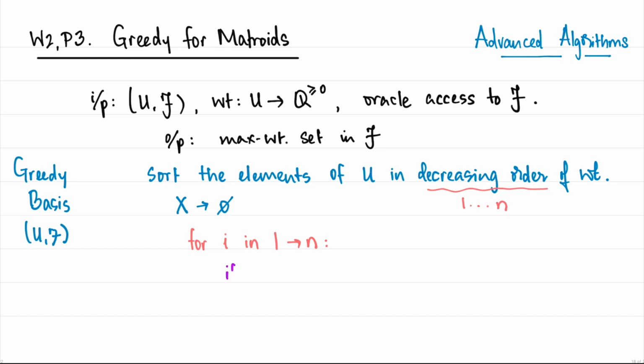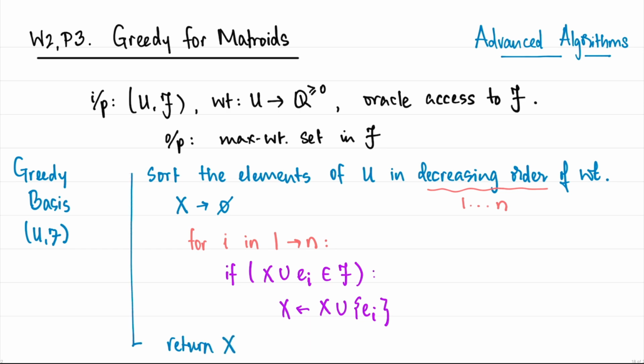And remember, the if condition was that if X union e_i belongs to F, then X is X union e_i. And at the end, all we do is return X. That's the greedy procedure right here.